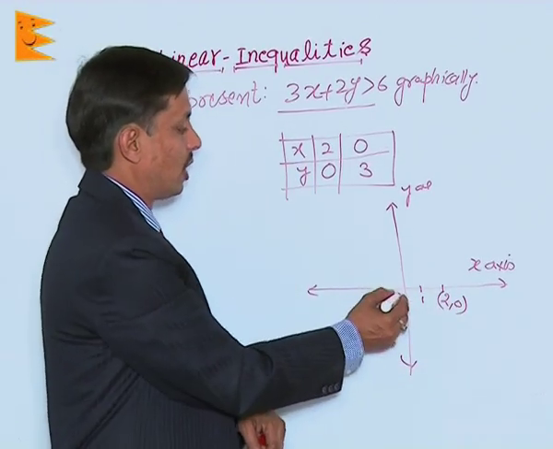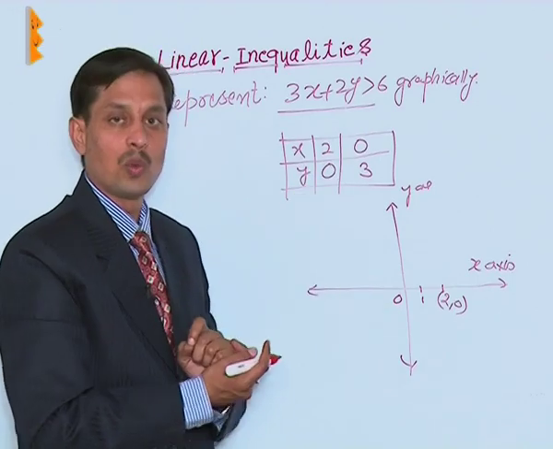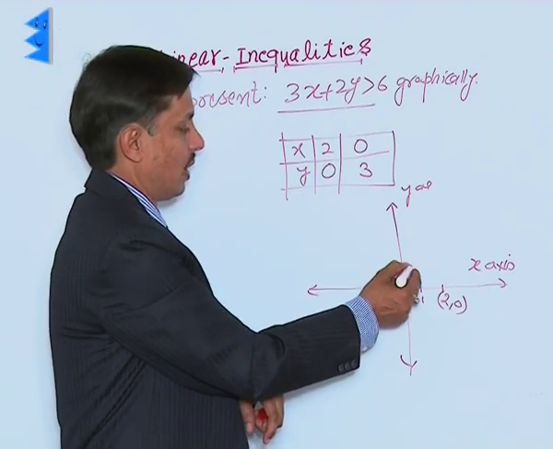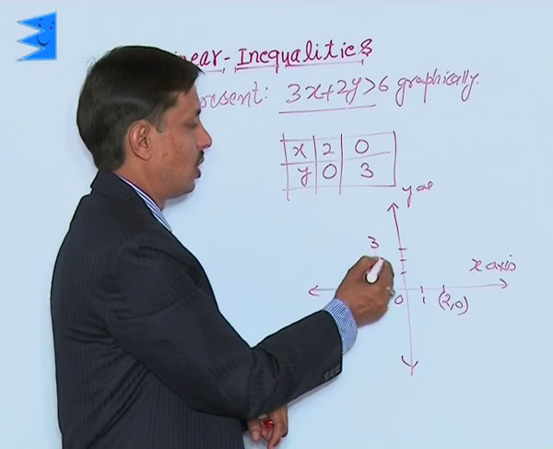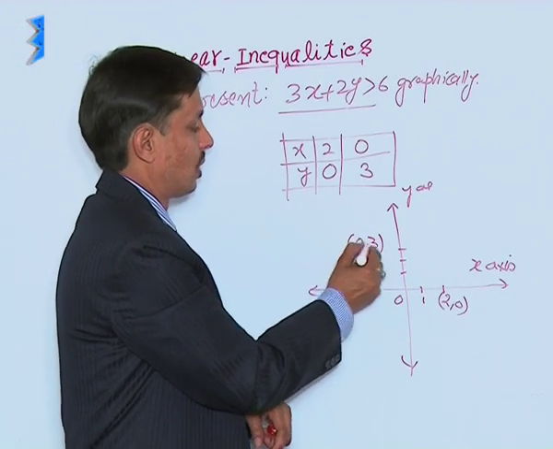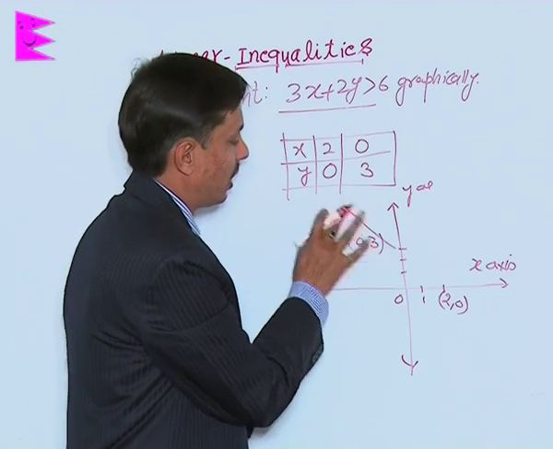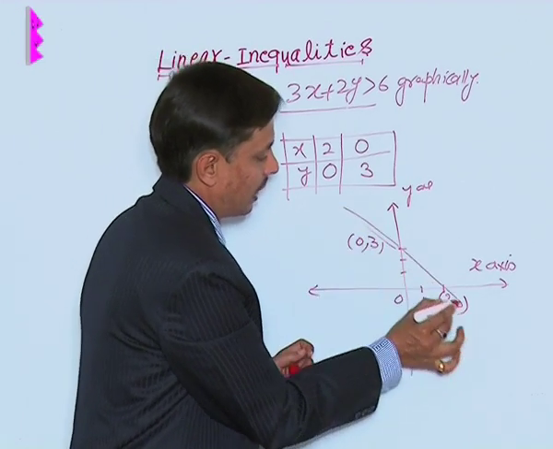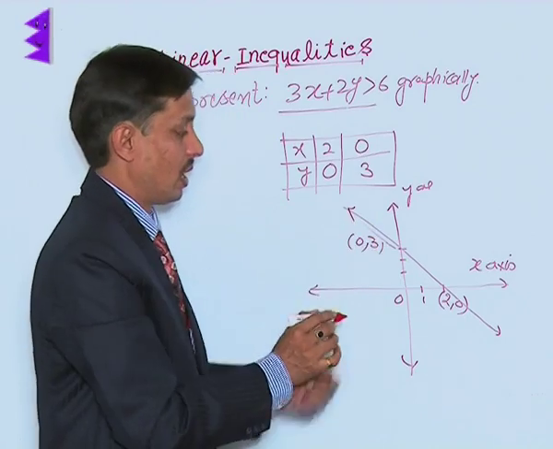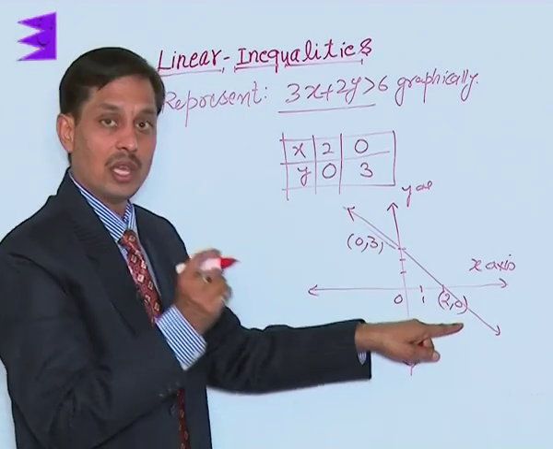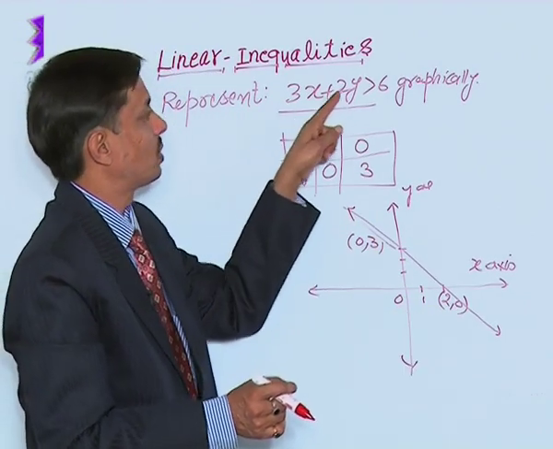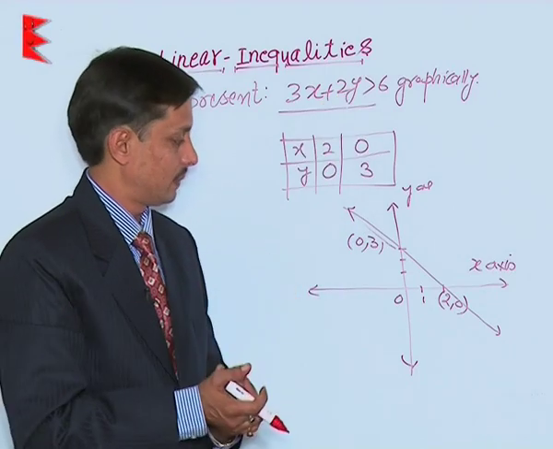Another is (0, 3), meaning this point lies on the positive y-axis. It is 1, 2, suppose it is 3. So this becomes (0, 3). And if it has to be equality, then there will be a line. This is the line of equality for 3x + 2y = 6.